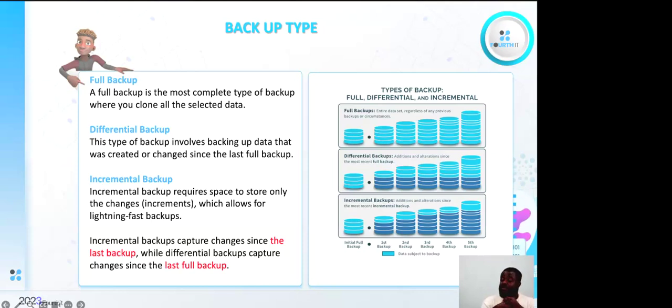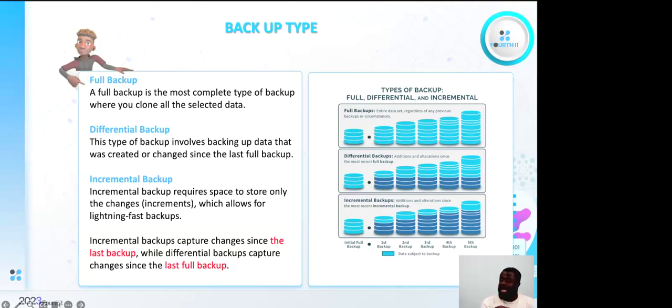Then the incremental backup captures only the changes, increments made since the last backup, whether it was a full backup or an incremental backup. Now, an incremental backup also requires space to store only the changes, and only the data that has been added or modified since the last backup is copied.